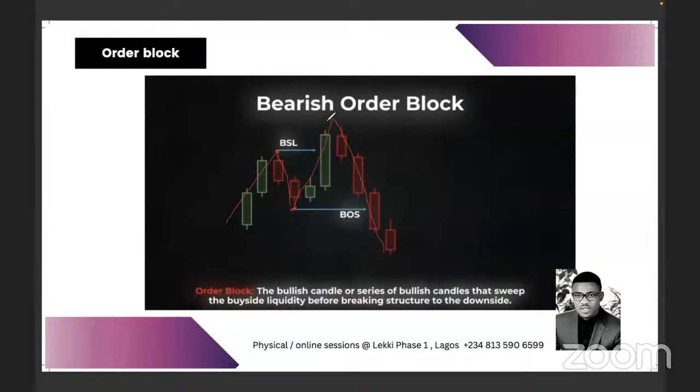After a sweep of liquidity, we expect a sharp downward movement like this. When you see that sharp downward movement and it has broken structure, it's a BOS, break of structure, change of character. And it printed an order block here, OB.